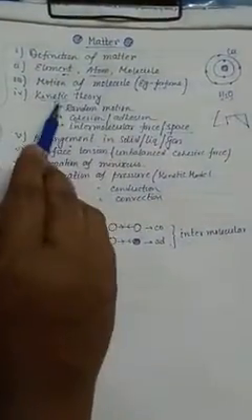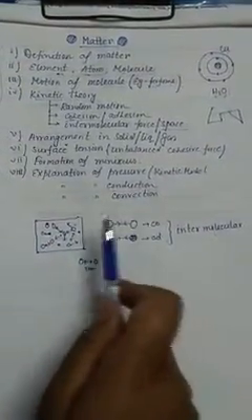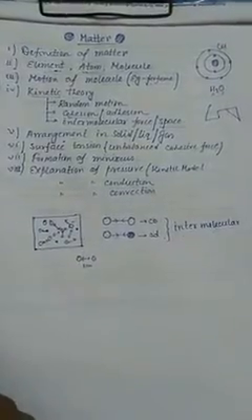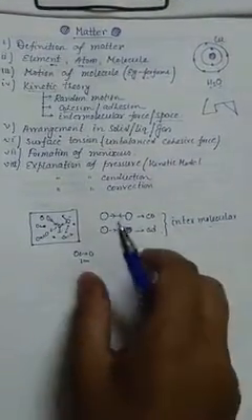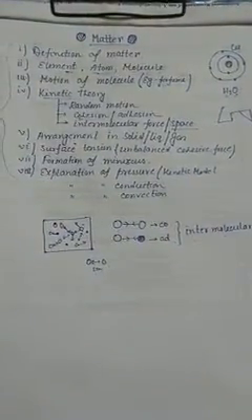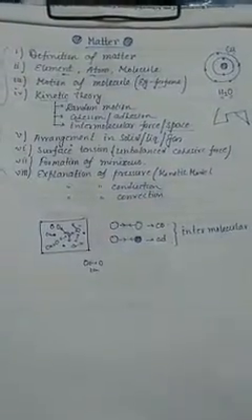So basically kinetic theory means all the molecules are in motion, and there should be some force acting between the molecules, and of course there should be some space that is known as the intermolecular space. Now I shall talk about the arrangement of molecules in solid, after that in liquid, after that in gas.